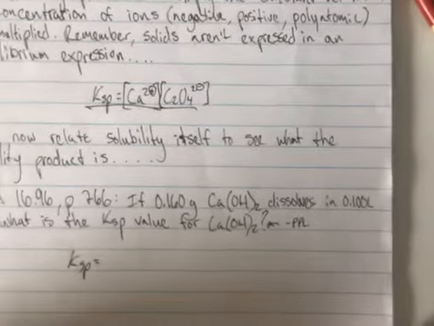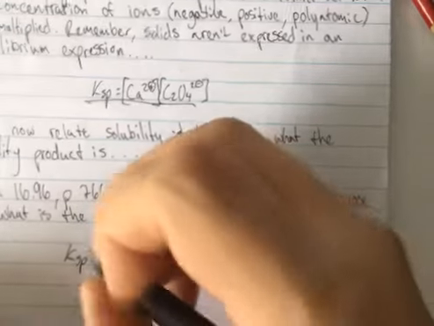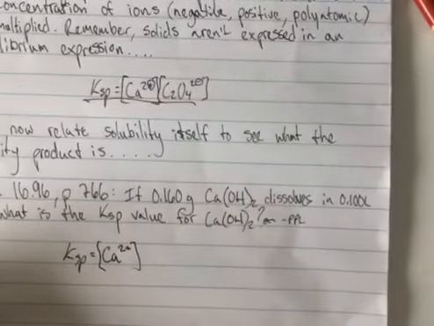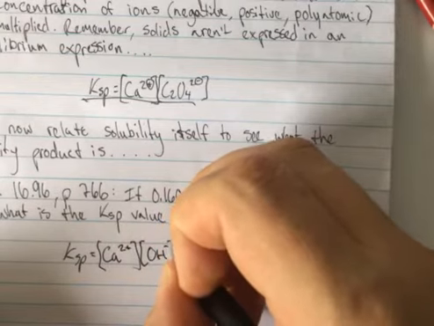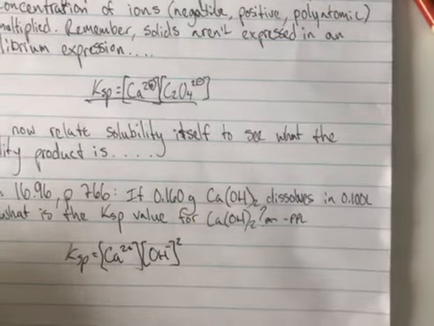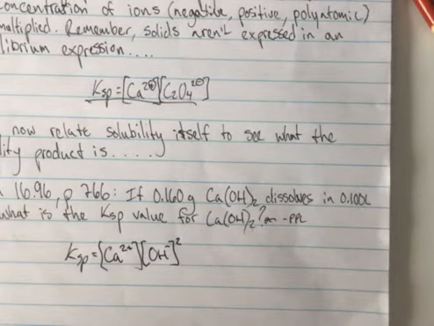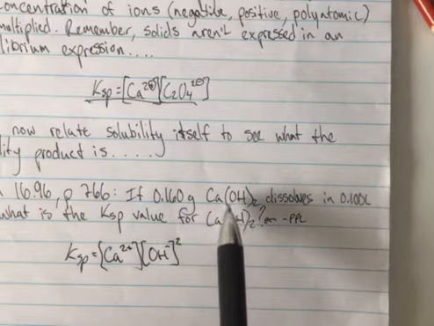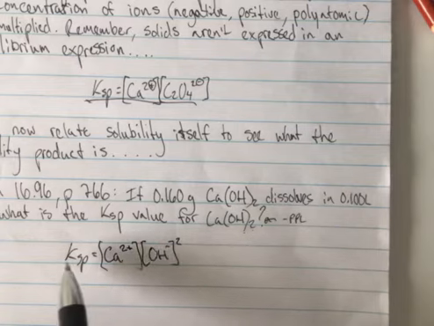If we were to write the KSP for this ionic compound, we would put Ca2+ in brackets for its concentration multiplied by OH minus, squared, remember? Because there's 2 equivalents of hydroxide. So what we want to do here is figure out what molarity we have in 0.1 liters that is going to give us our KSP value.